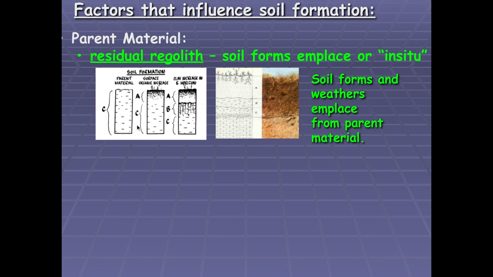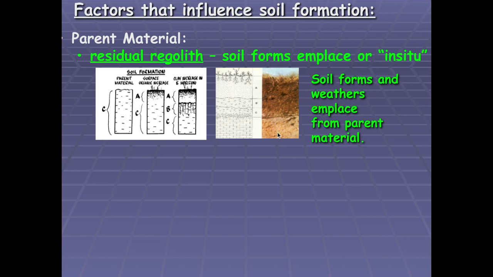And as time moves on, the parent material begins to decompose, and maybe that now forms the A horizon, and then further decomposition and weathering of the parent rock now forms the B and the A horizon, and so forth. So this is a good example of a residual regolith, or a soil that is formed in place without being moved. And so this diagram to your right shows you a description of a typical residual regolith.